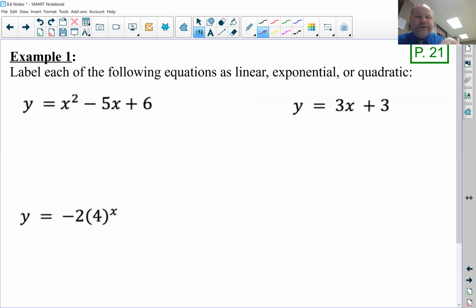Let's go L for linear, E for exponential, Q for quadratic. All right, so we have some agreement in the chat. We're thinking that this is quadratic, and I would agree.